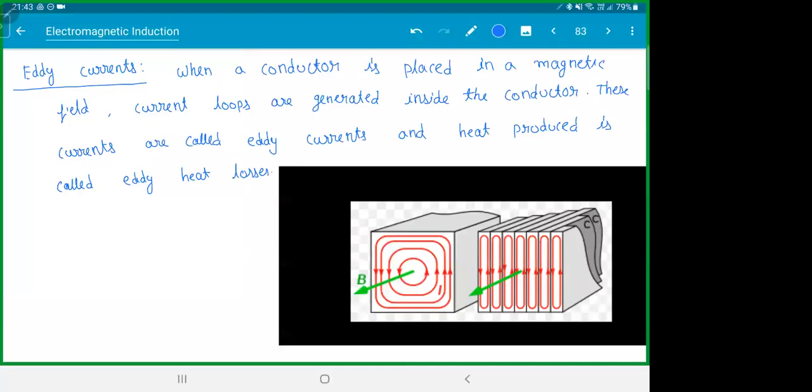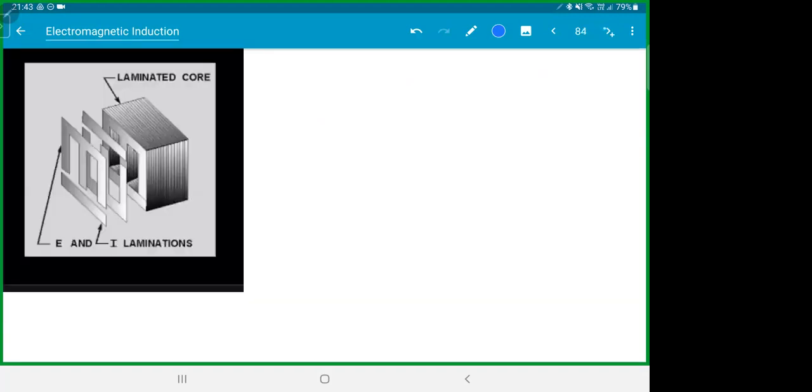The reason, look at here, what happened. The current is flowing like this. Can you see what happened? The current got restricted to a small region. So by using thin sheets, the current will flow only within that sheet, so you can reduce eddy currents. So next time if you ever break a motor, you'll observe inside the motor it is made of plates like this. You won't find a single metal block, you'll find thin plates.